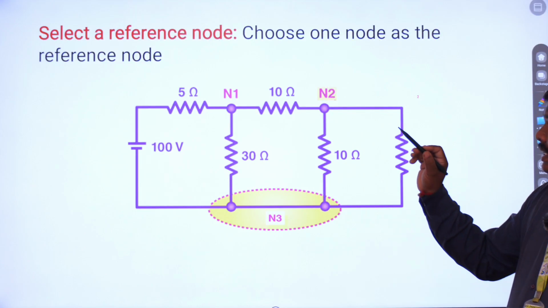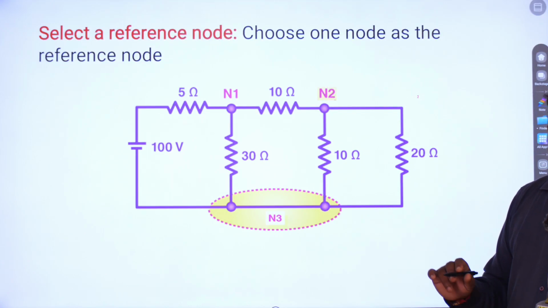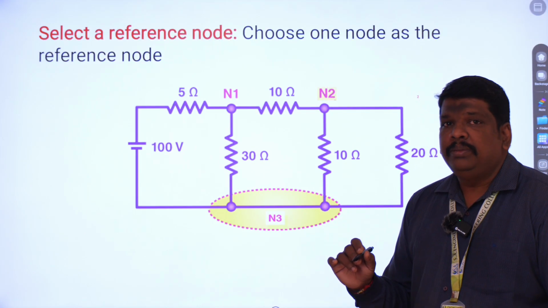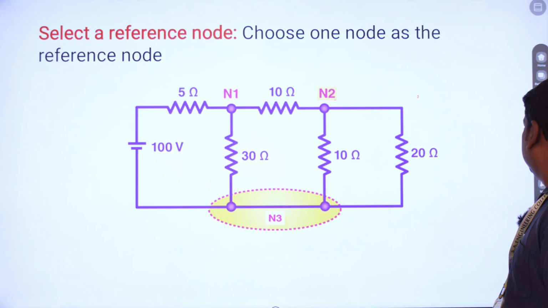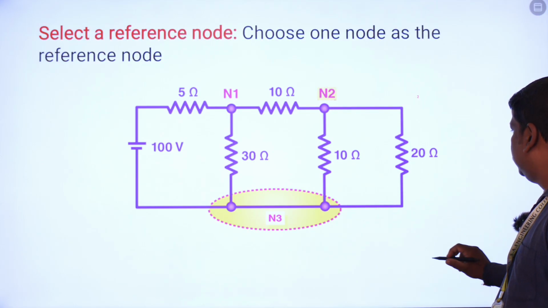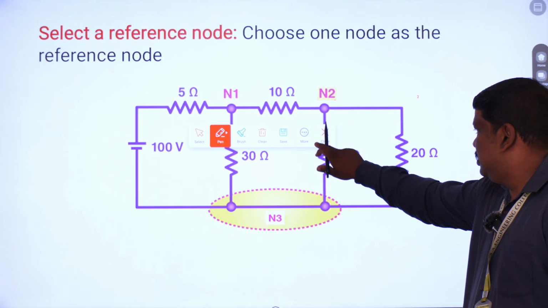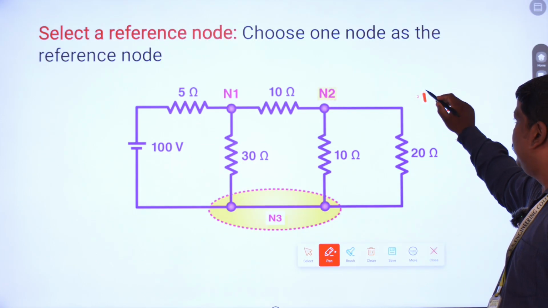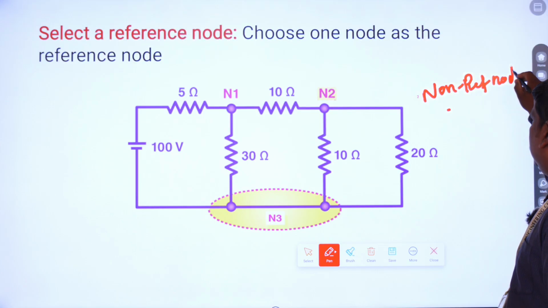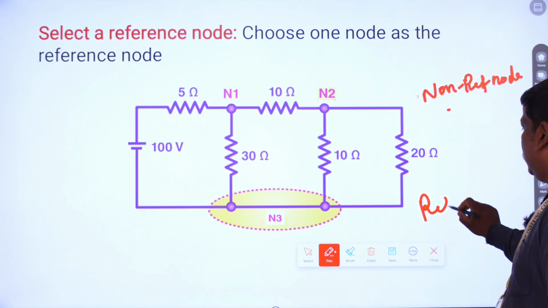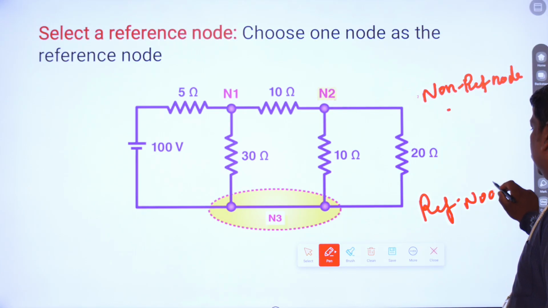And next, select a reference node. Already we have discussed that there are 2 types of nodes. One is the non-reference node, and the next one is the reference node.